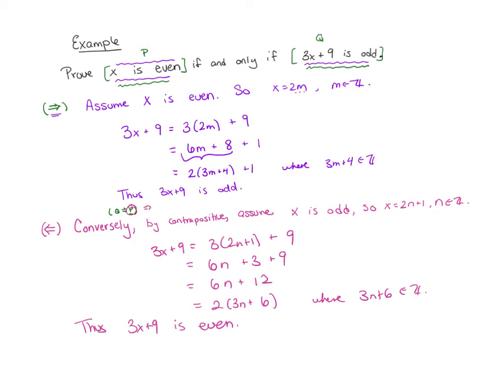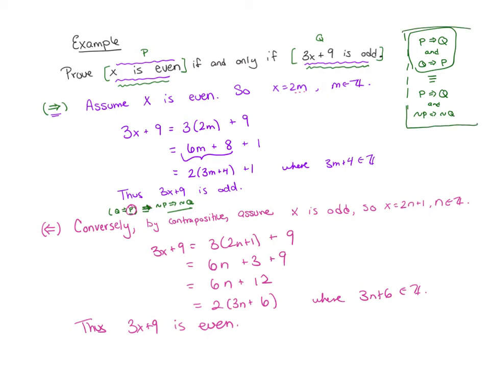because I was doing the contrapositive of my converse, not P implies not Q. Right, so really what I did here, instead of proving P implies Q and Q implies P, I did the equivalent thing, which was showing that P implies Q and not P implies not Q. So it's helpful to remember that not P implies not Q is logically equivalent to Q implies P, because it's the contrapositive of that converse.